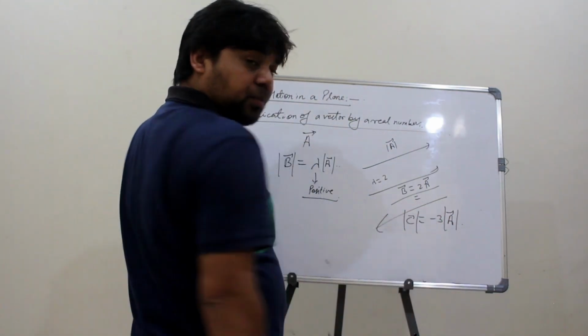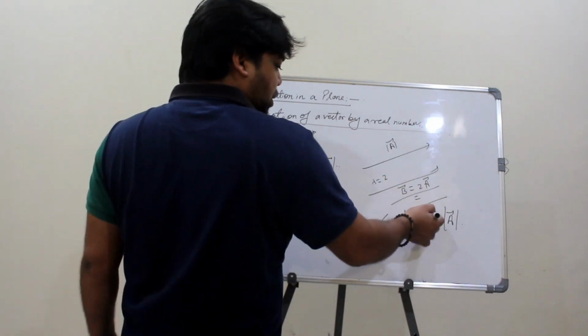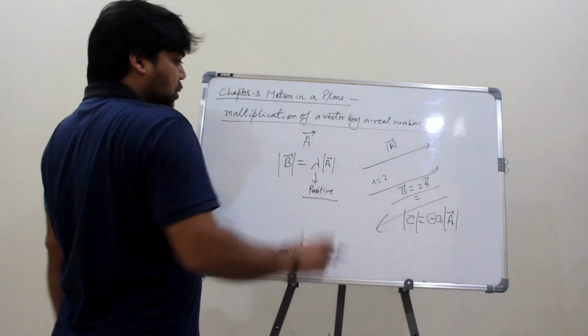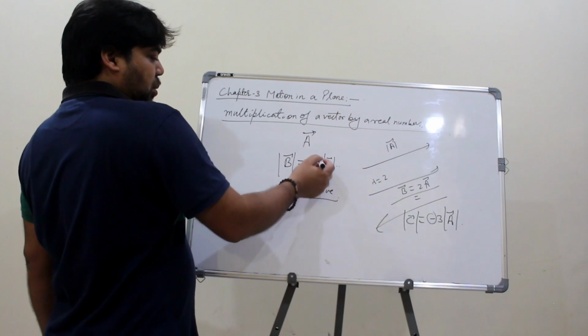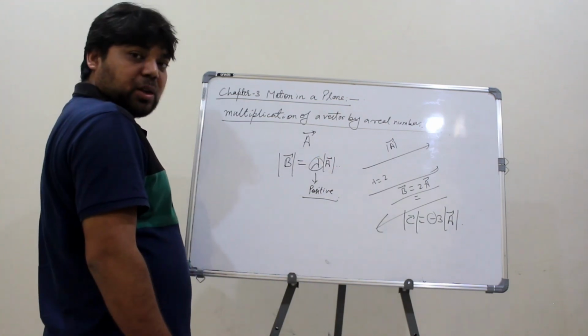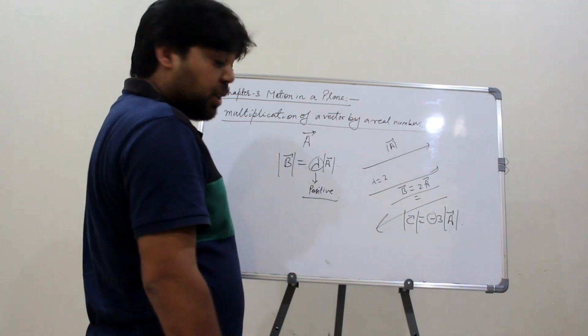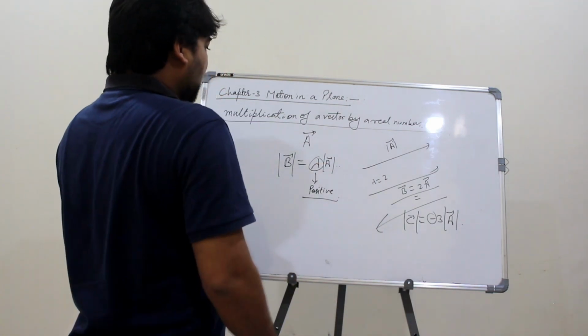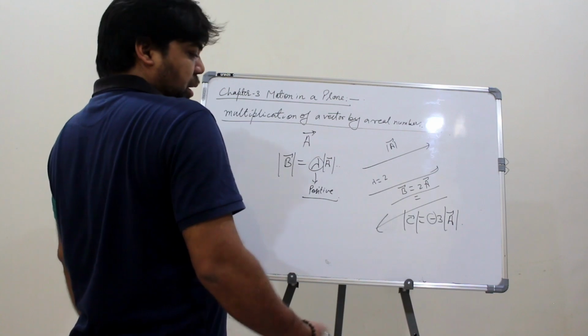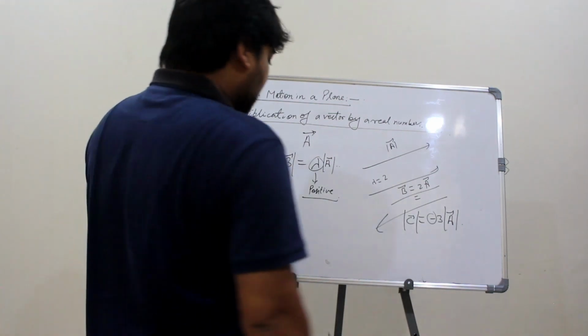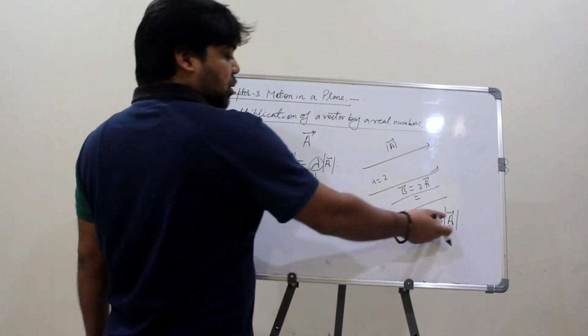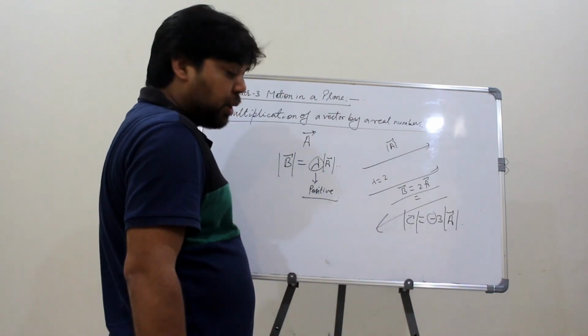The direction is changed. So if you change the sign of lambda, which is a scalar, a real number, then the direction also changes, right?